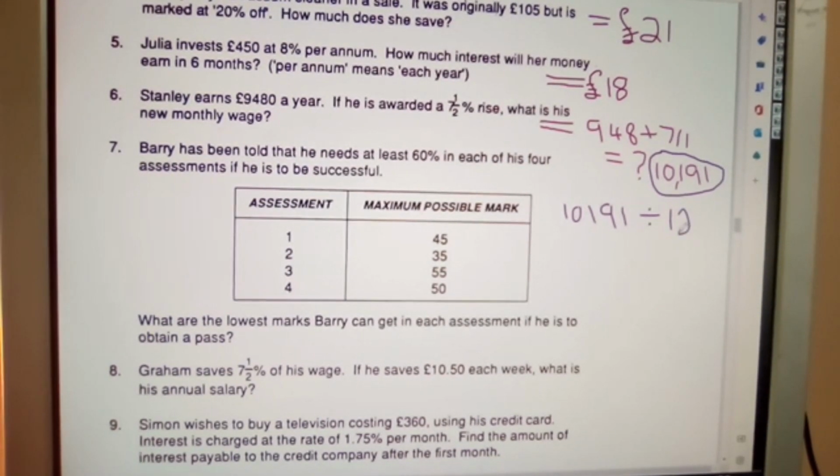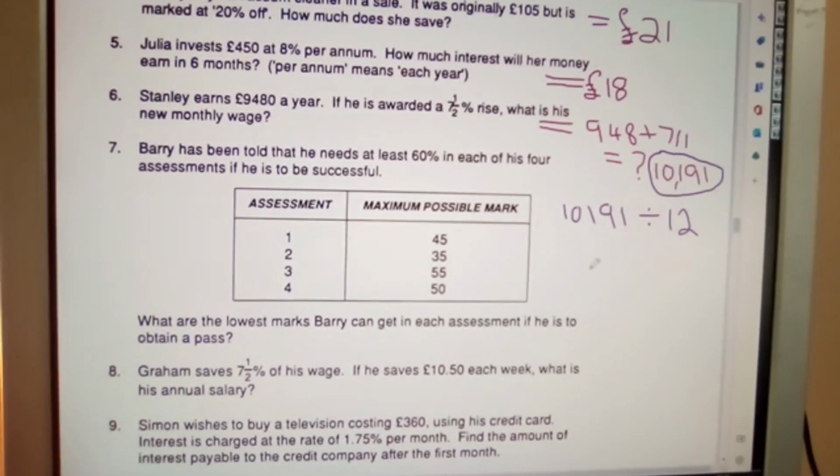Why 12? Come on, somebody please tell me why 12? Because there are 12 months in the year.